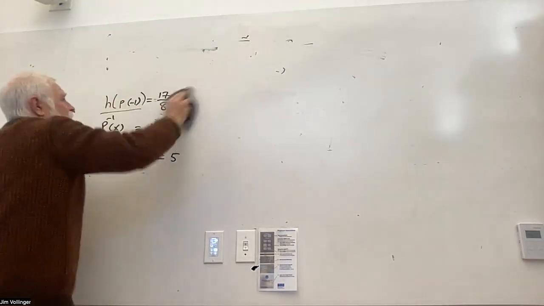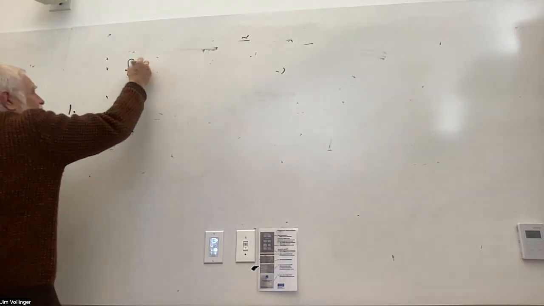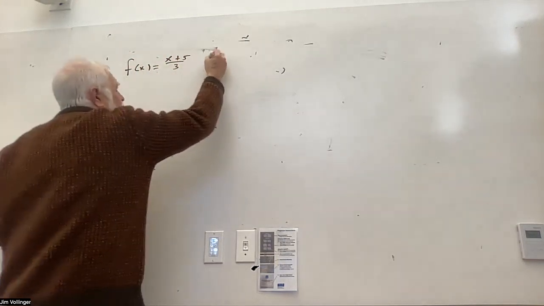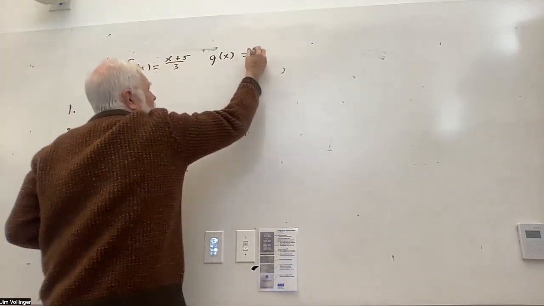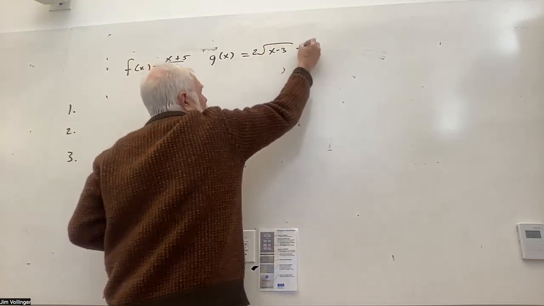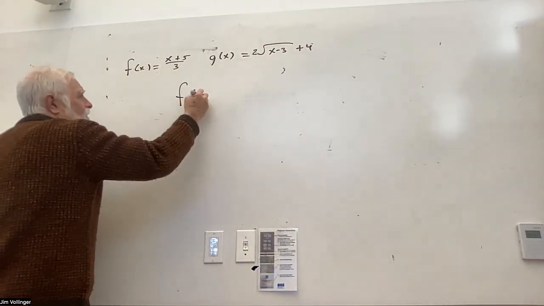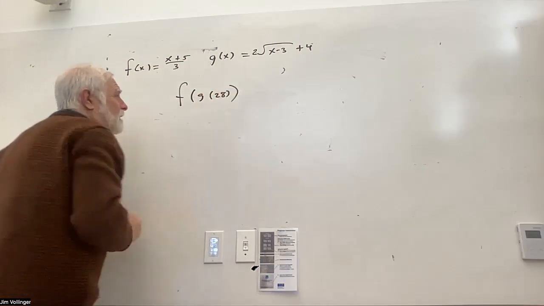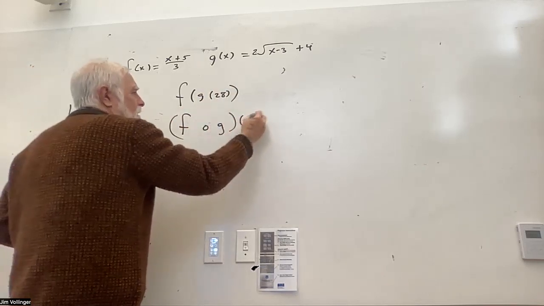All right, so let's see, what can I ask next time here? Let's go back to f of x. f of x is x plus 5 over 3. And let's do g of x is equal to 2 times the square root of x minus 3, plus 4. All right, and let's do f of g of 28.